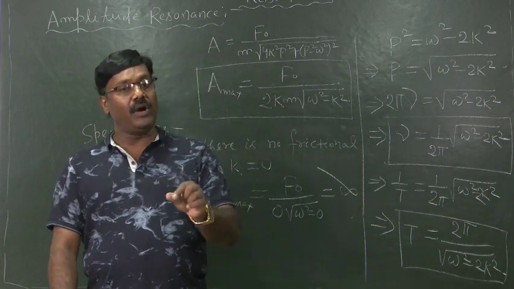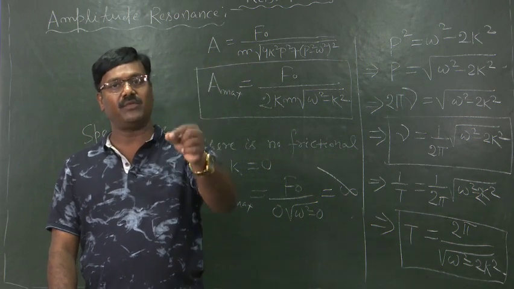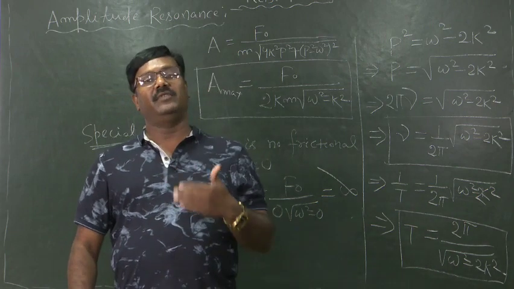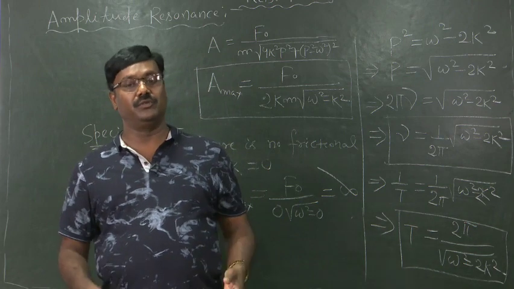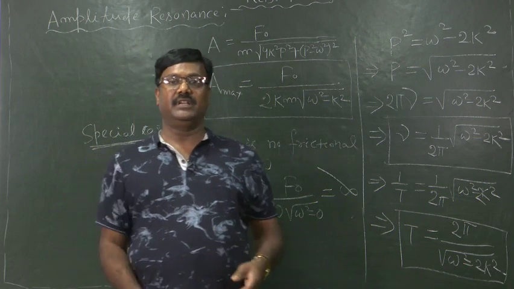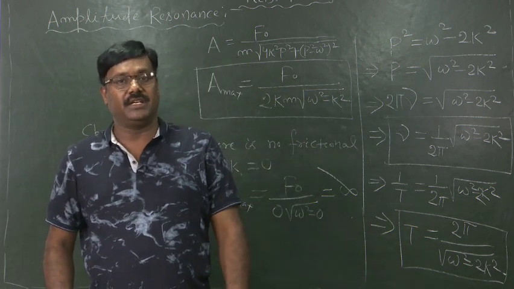If our supplied frequency coincides with the natural frequency of that channel, then there will be resonance, for which the amplitude will be more, and hence we will be able to see or listen to that channel in our television set or in our radio receiver set.